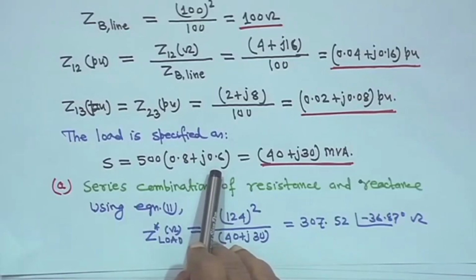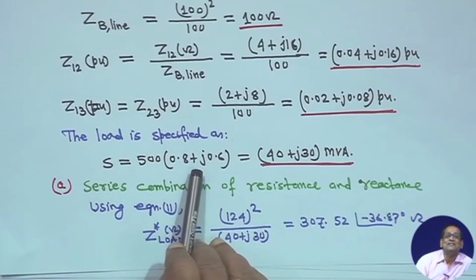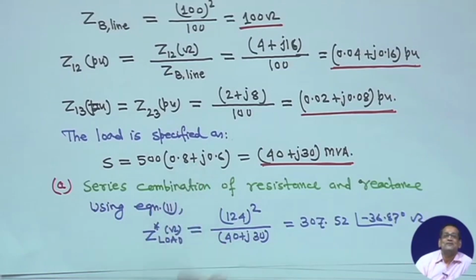So, whenever the load has lagging power factor, it will be 0.8 plus j0.6. I suggest you do not take it as minus, as that will be a mistake, because a load consumes power. The convention is that a load always consumes power, and a generator injects power into the line, right.